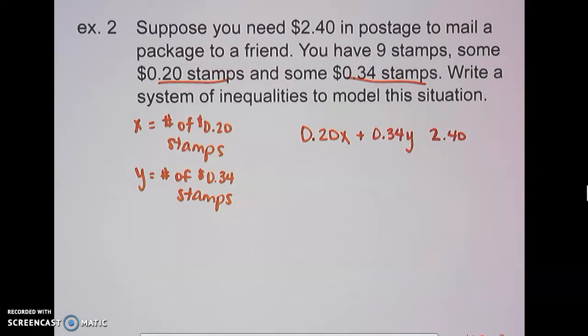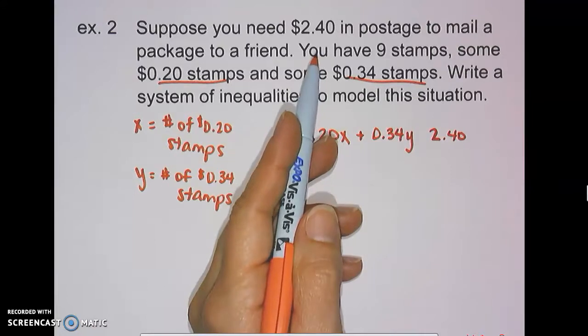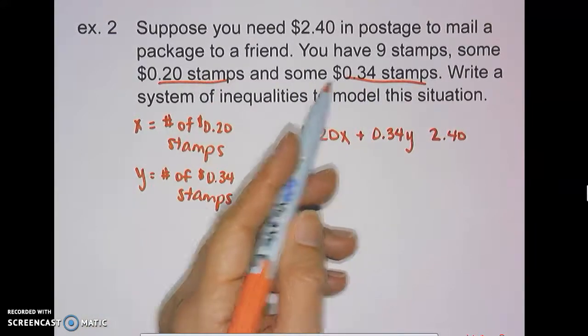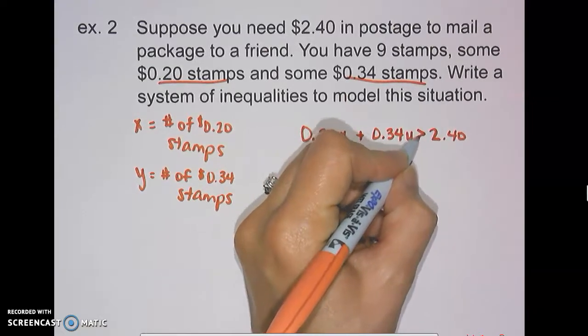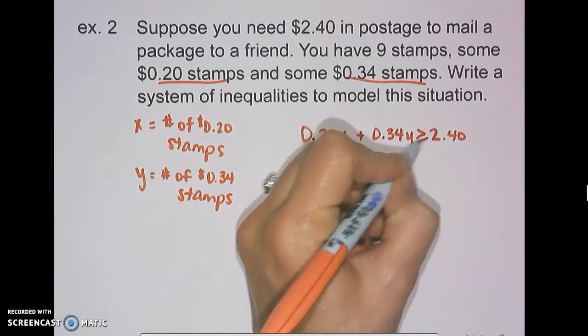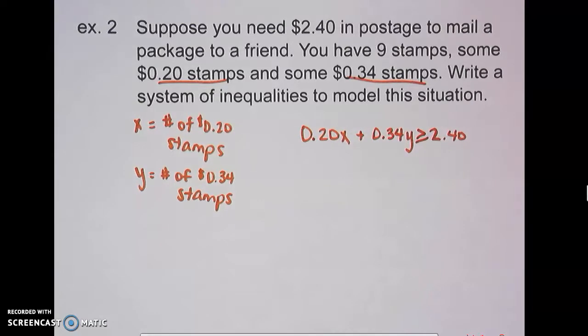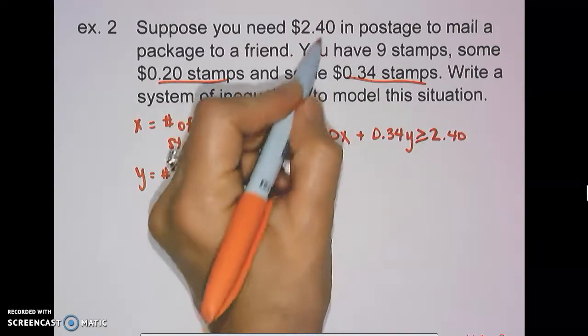So do we need more than that, less than that, or exactly that? And remember, we can have more than one of those things. So you need $2.40 in stamps, but we're not exactly sure that we can get exactly $2.40 with this. So we need our postage to be more than that, or it could be exactly $2.40, but we can't mail this package if we have less than $2.40 worth of postage on that.